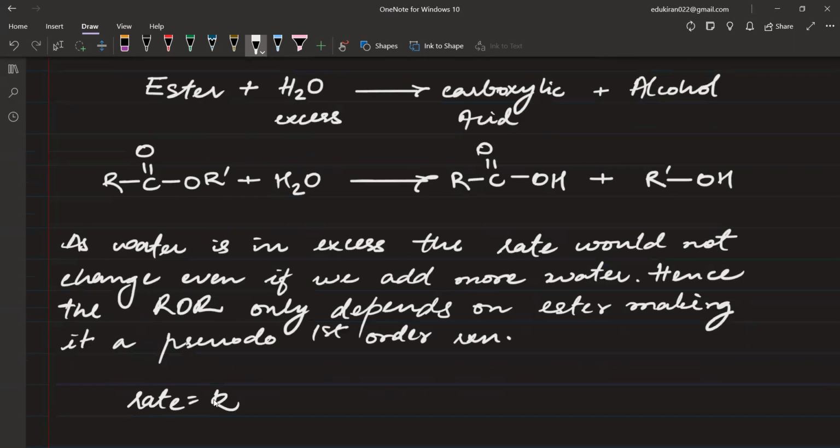Rate is equal to the rate constant times the concentration of ester to the power 1. Order of reaction is equal to 1.